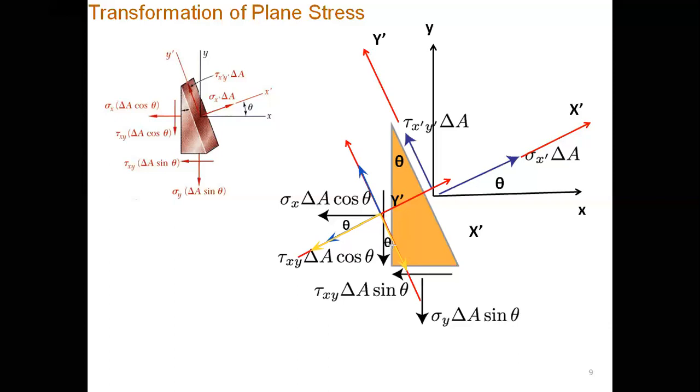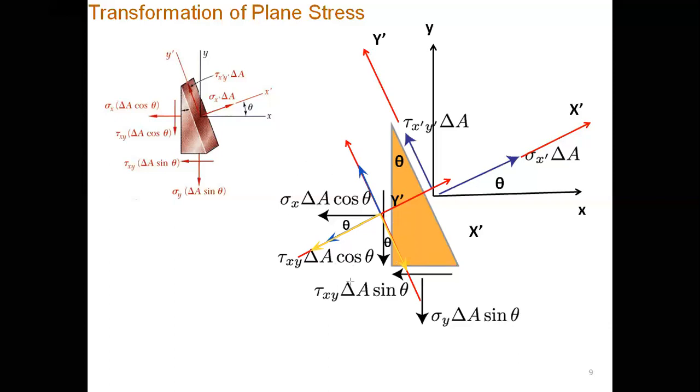And the theta is along this component, so this would be the cos component. So tau xy delta A cos theta, cos theta. And this is the sine component. Tau xy delta A cos theta, sine theta.